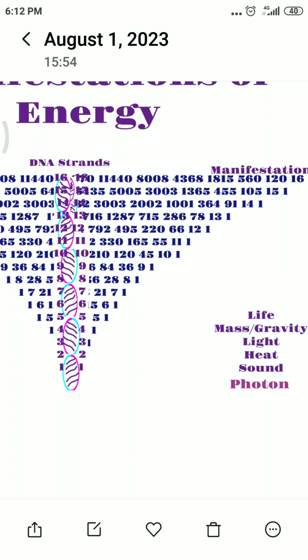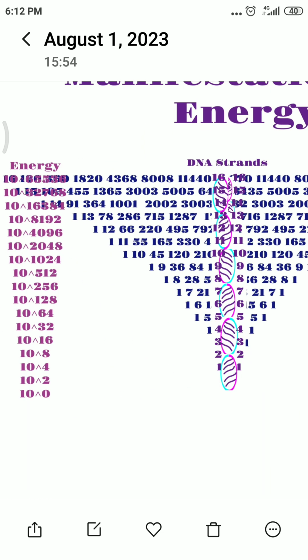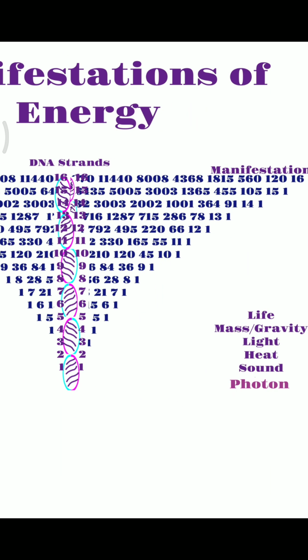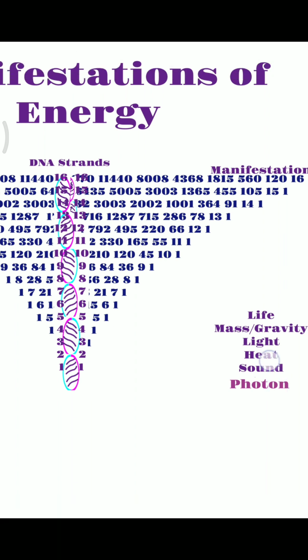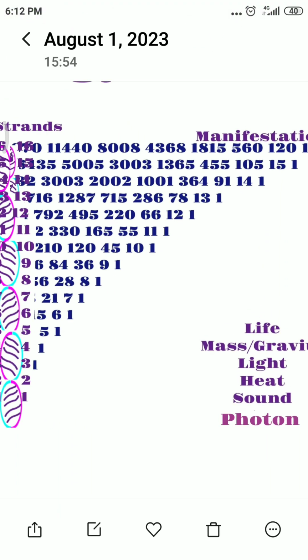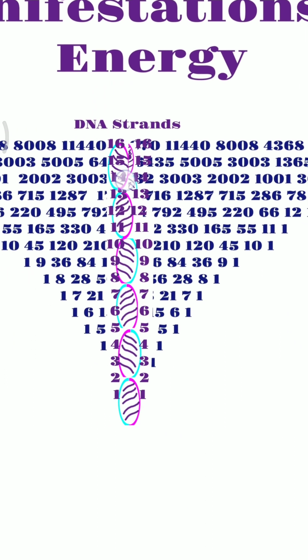So at the level of 10 raised to 0, it forms photon, 10 raised to 2 sound, 10 raised to 4 heat, 10 raised to 8 light, and 10 raised to 16 mass, and 10 raised to 32 is the human, life. So this life can be extended, evolve up to 14 cube at least right now.